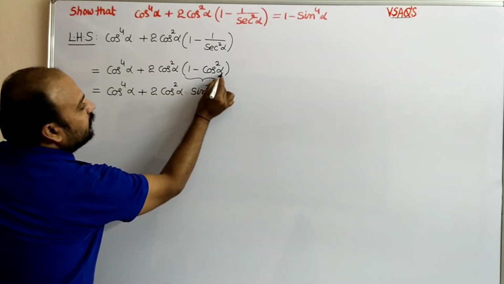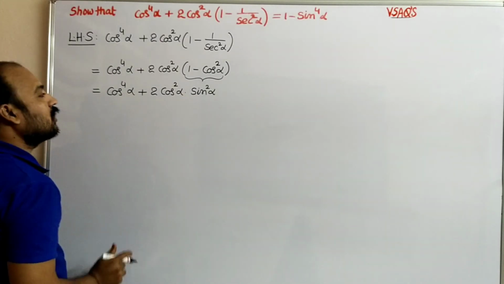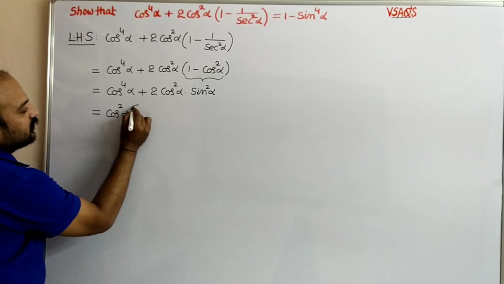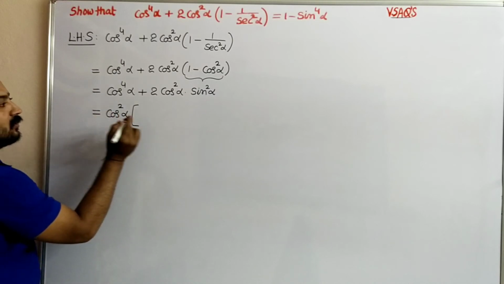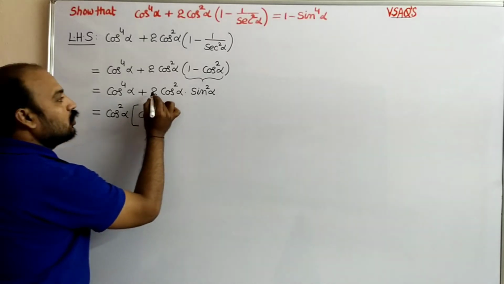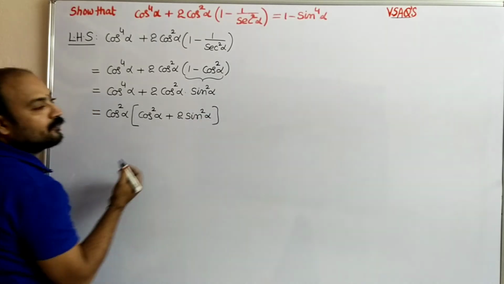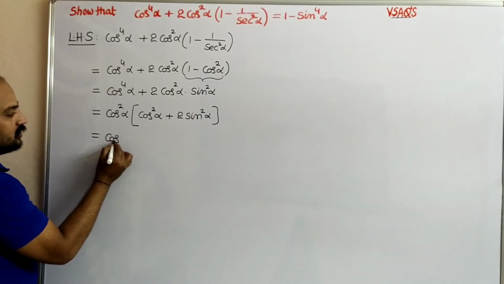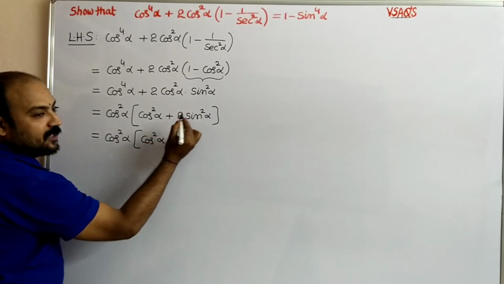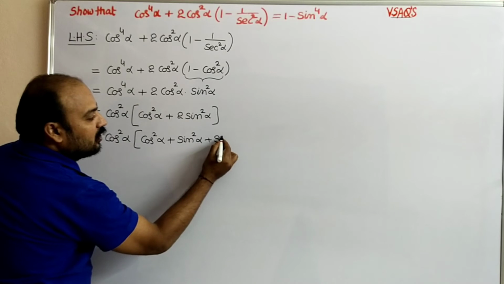This bracket value will become sine square alpha. In this cos square alpha is there, in this also cos square alpha is there. So take common cos square alpha from both the terms. If you take common cos square alpha from here, one other cos square alpha is there, plus 2 into sine square alpha will be there, which is equal to cos square alpha into cos square alpha. 2 sine square alpha means twice you have to write it: sine square alpha plus sine square alpha.